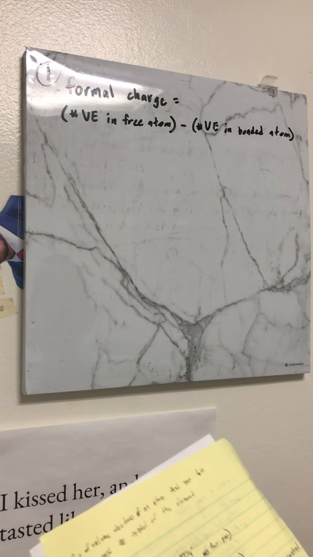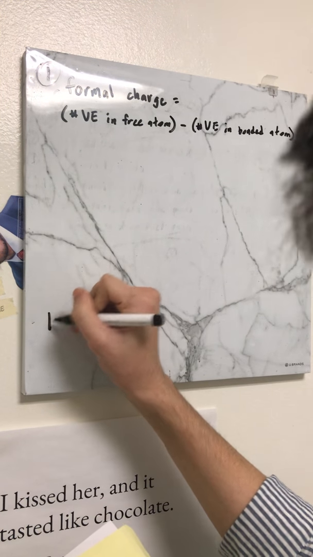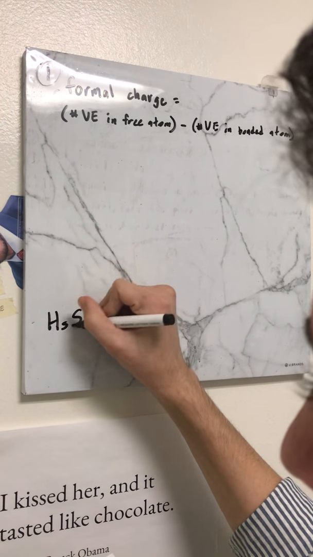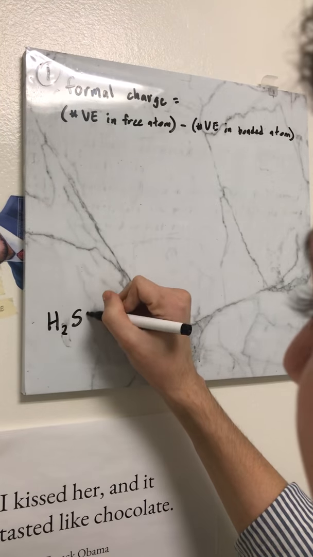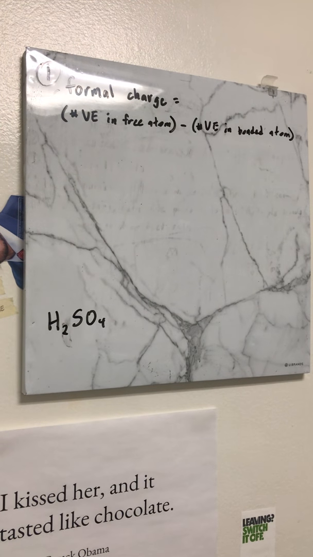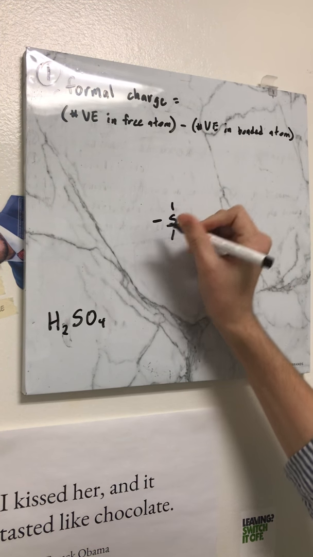So let's look at an example here. We're going to be doing the resonance structure for sulfuric acid, or H2S, that's not a 2, H2SO4. So we're going to start by drawing the Lewis dot structure. We know here, looking at the periodic table, that S is going to be our least electronegative, so that'll be our central atom, and then we'll draw all of our single bonds.